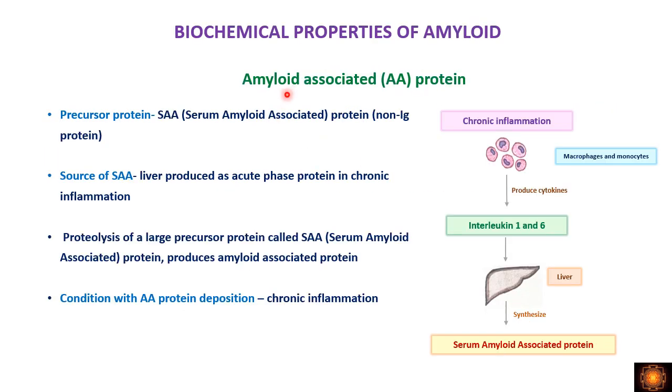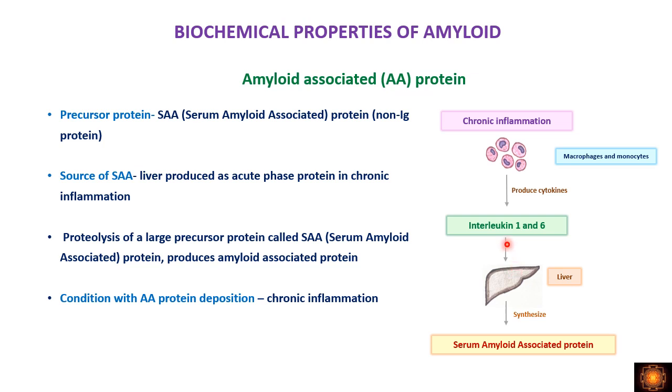Next one is the amyloid associated protein. Now this we see in chronic inflammatory conditions. In chronic inflammatory conditions, the inflammatory cells we have are macrophages and monocytes. These inflammatory cells produce a number of cytokines. The important ones are interleukin 1 and 6, which stimulate the hepatocytes.